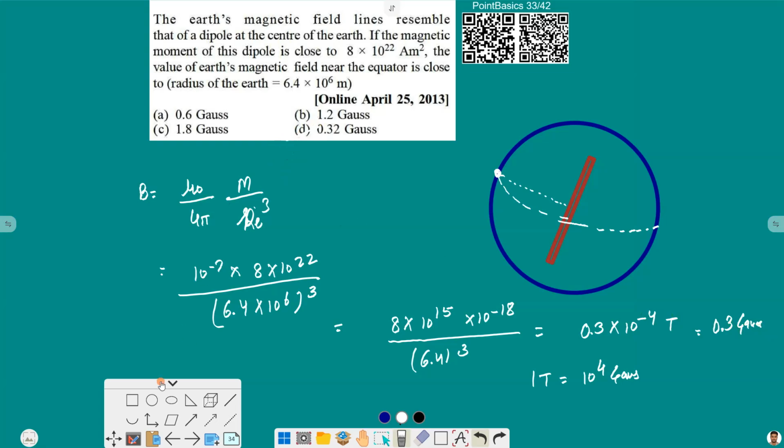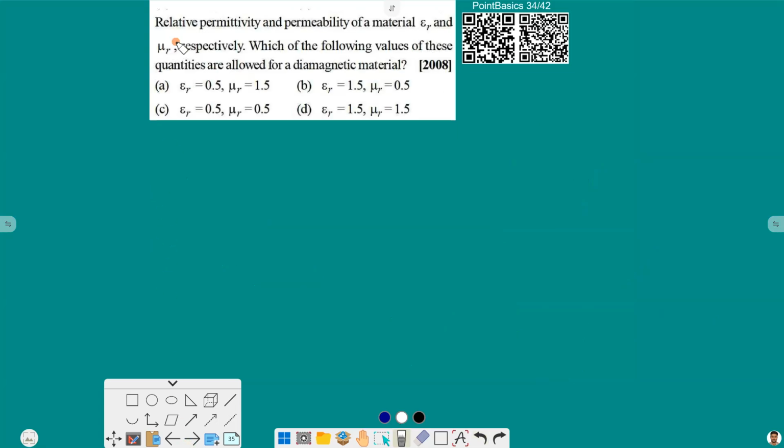Now let's move to the next one. Relative permittivity and permeability of the material are epsilon r and mu r respectively. Which of the following quantities are allowed for diamagnetic material? Now for diamagnetic material, we know that mu r, or relative permeability, is less than 1, and for every material, relative permittivity, or epsilon r, is always greater than 1.